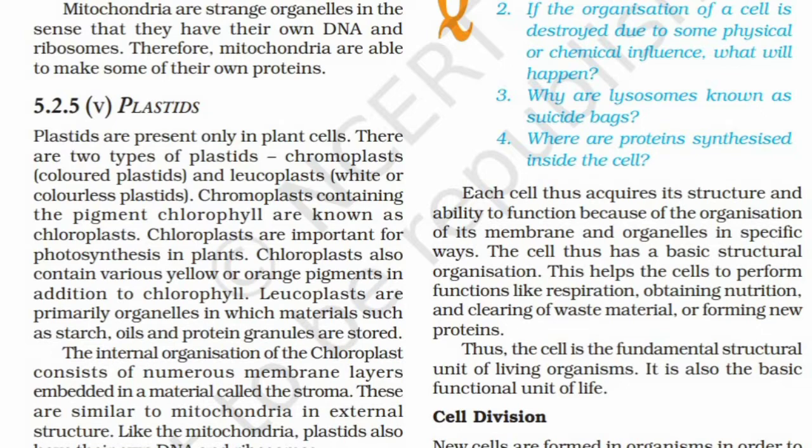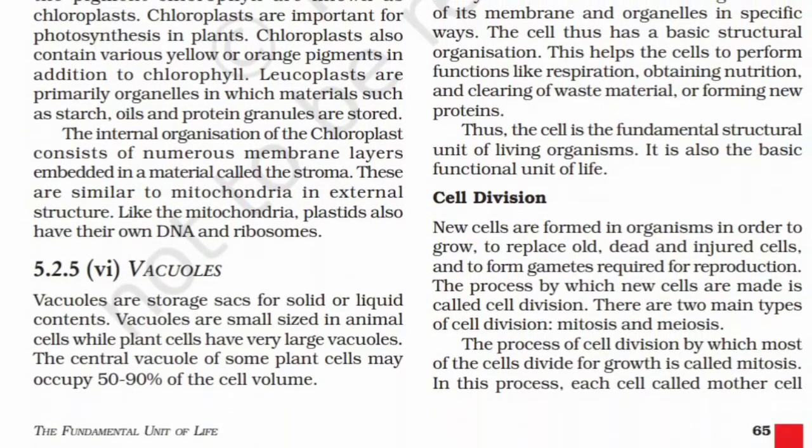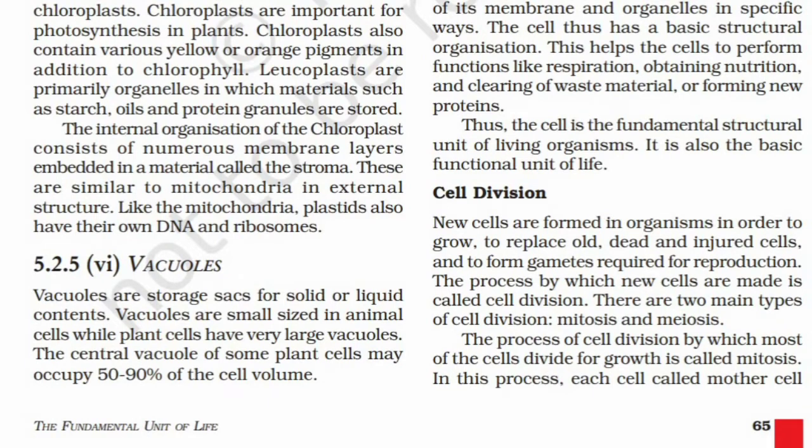There are membrane layers, like layers of skin, placed in a material called the stroma. Everywhere there is stroma, and in that stroma these membrane layers are placed. These are similar to mitochondria in external structure. Like the mitochondria, plastids also have their own DNA and ribosomes.